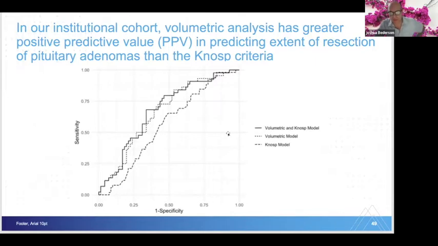And over here, you see the NOSP model. And you see that using a volumetric analysis, we have a slightly more sensitive way to detect and to predict the extent of tumor resection. So this is all part of the planning process, using virtual reality to enhance our ability to plan.